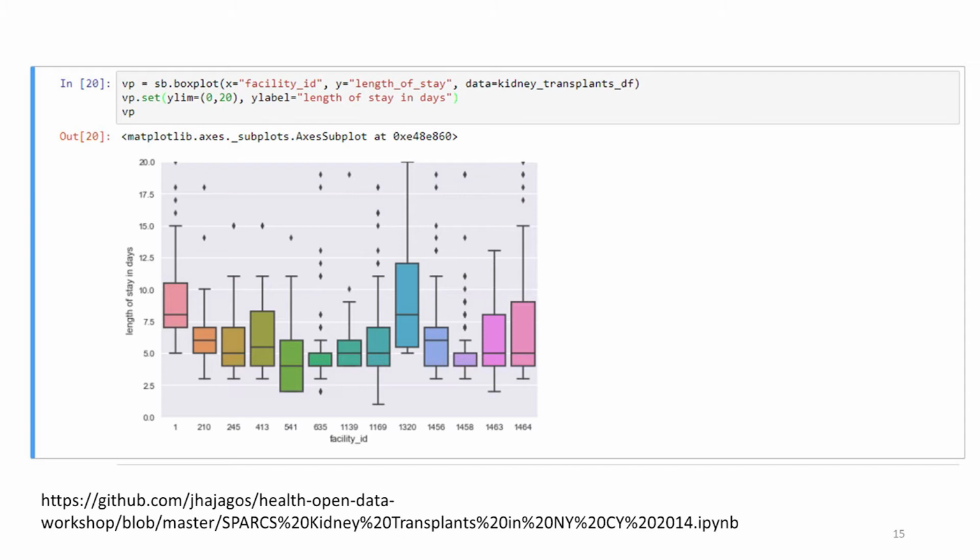But you can see that among the 13 hospitals in New York State, there's a pretty good variation in the length of stay for a patient getting a kidney transplant. So we can see the variations in the length of stay. And this was all done with public data. So I didn't have to sign any non-disclosure agreements or do any IRB assessment for it.